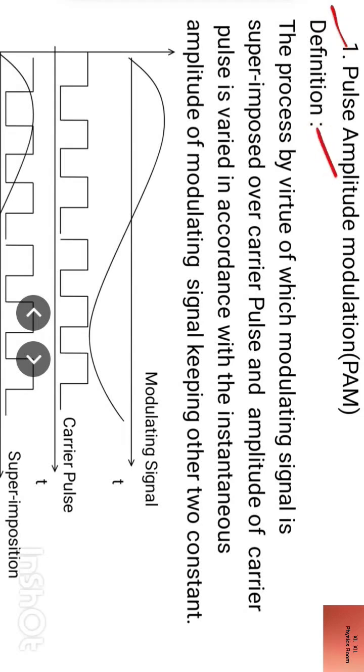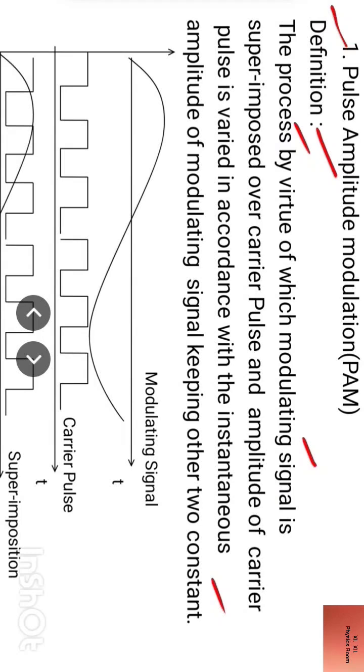Let us define. The process by virtue of which a modulating signal is superimposed over a carrier pulse and the amplitude of the carrier pulse is varied in accordance with the instantaneous amplitude of the modulating signal, keeping the other two constant, is defined as pulse amplitude modulation.